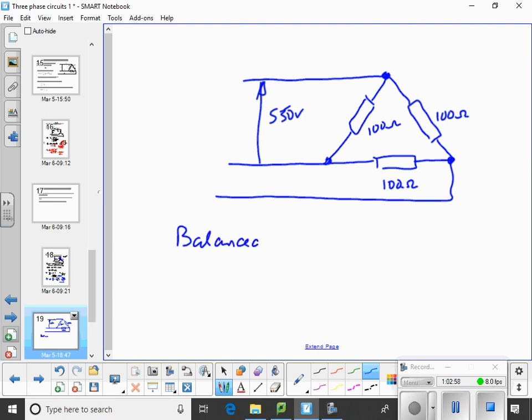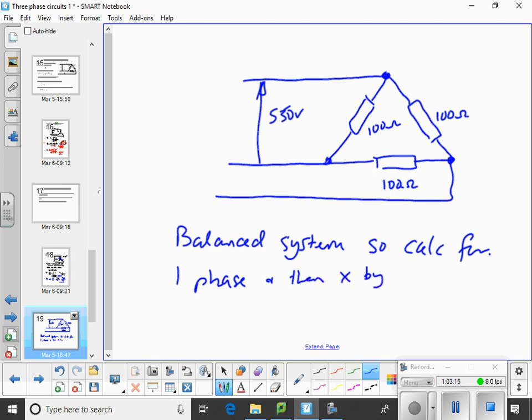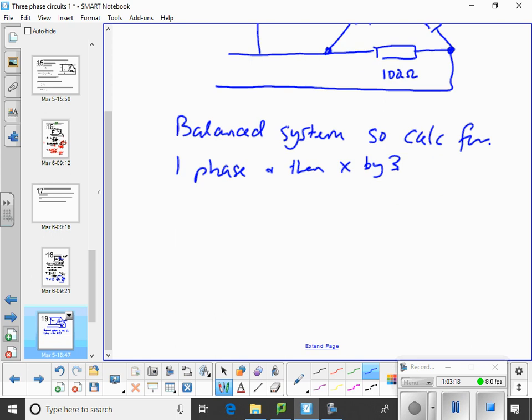Balanced system, so calculate for one phase and then multiply by 3.